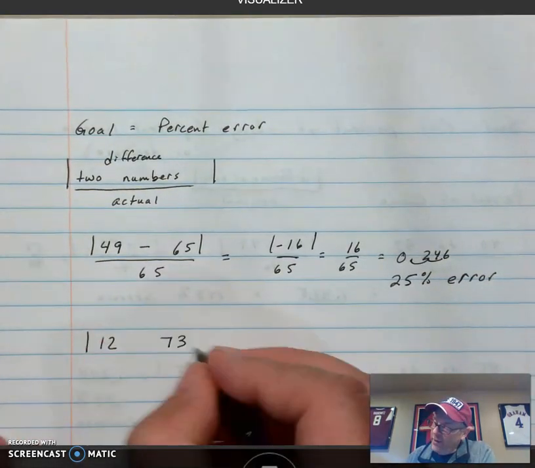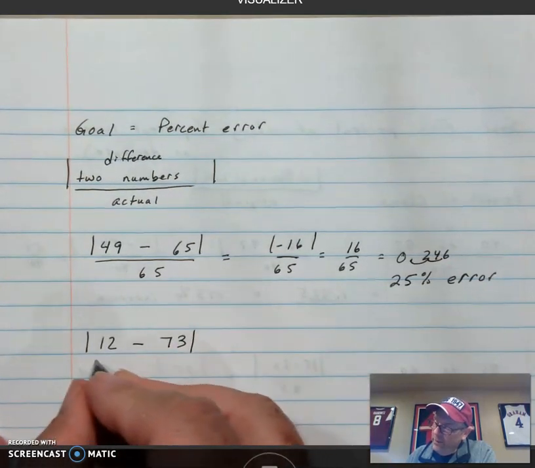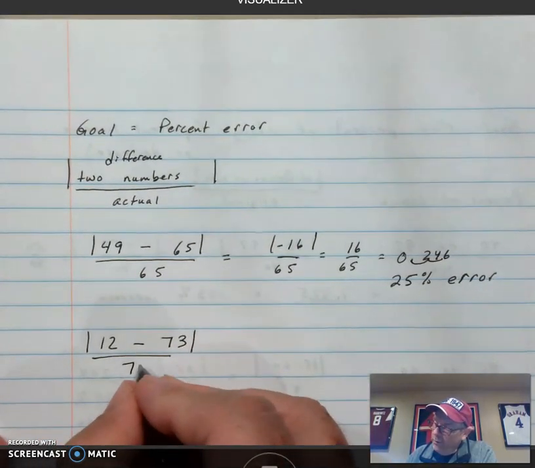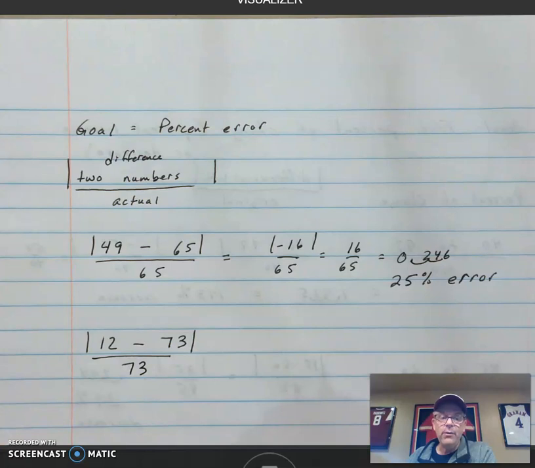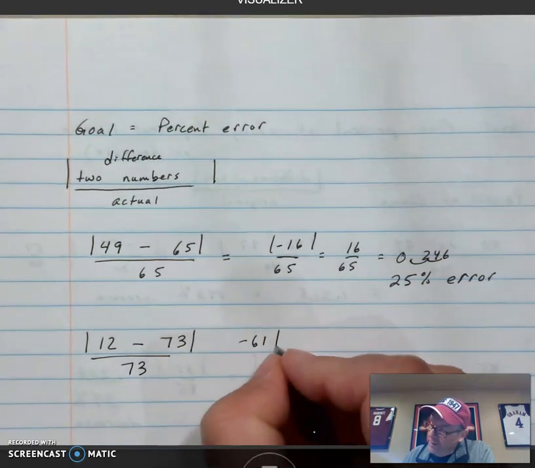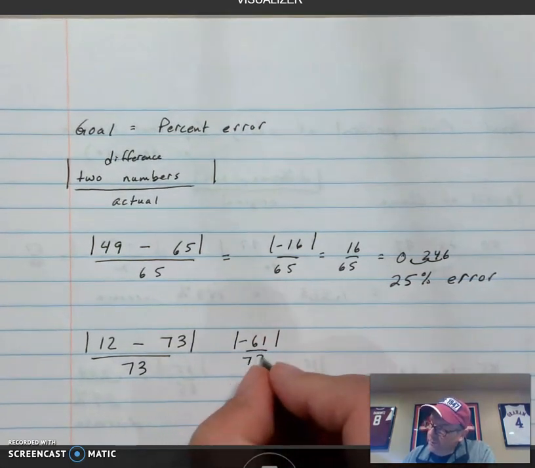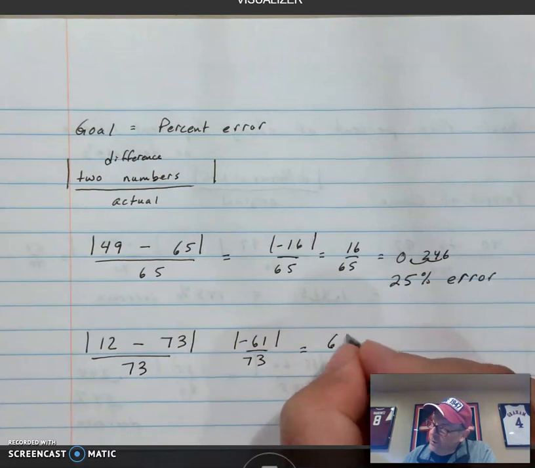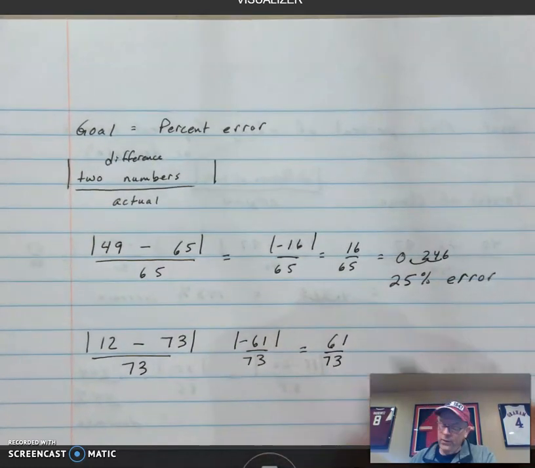So absolute value of the two of them over the actual number, which in this case is 73. And so we end up with negative 61 absolute value. 61 divided by 73.